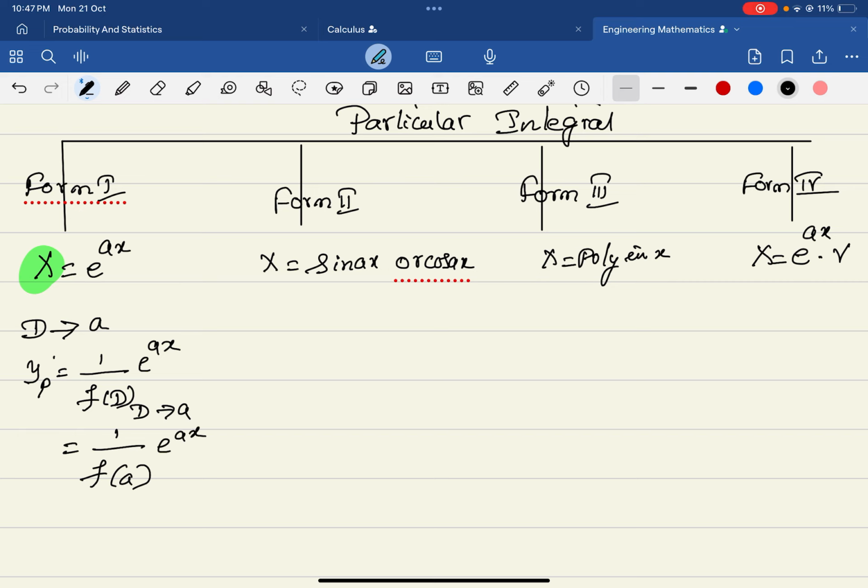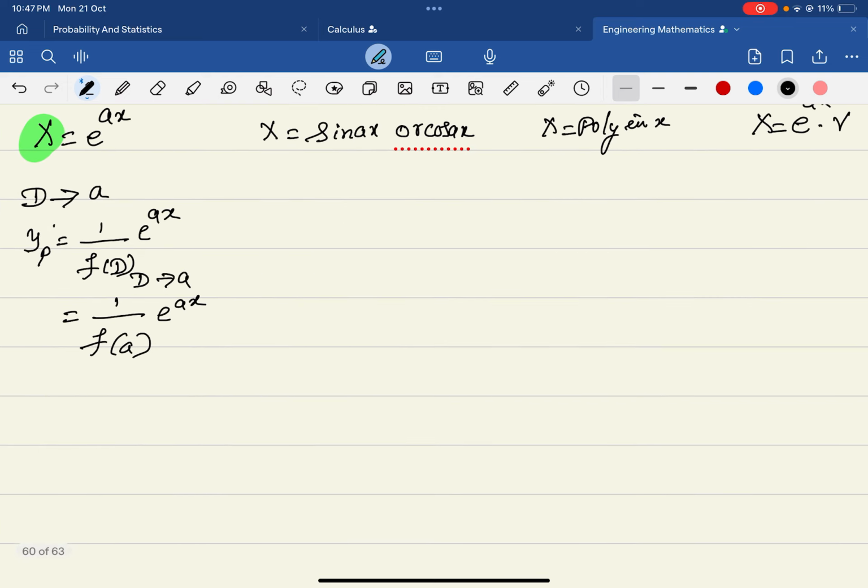This holds if f of a is not equal to 0. But if f of a happens to be 0, then we multiply by x and find f dash of a into e raised to ax.